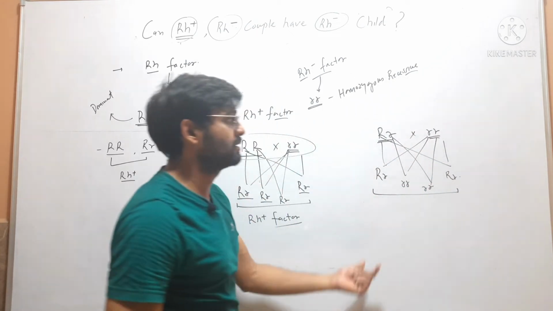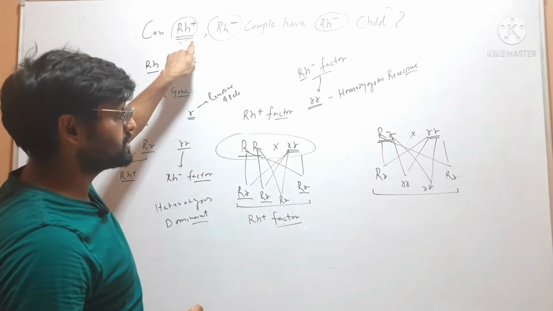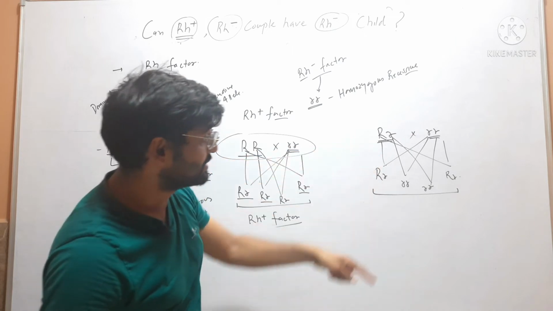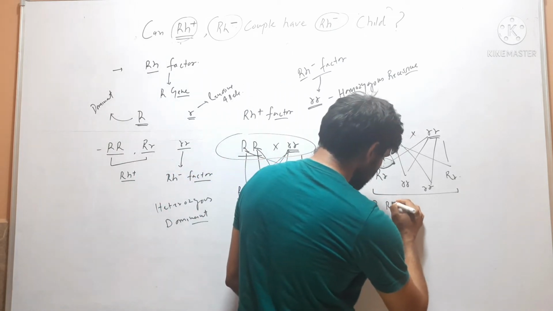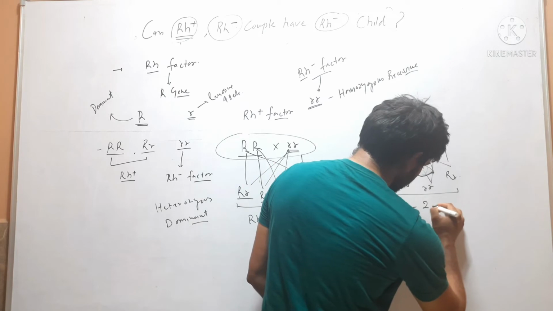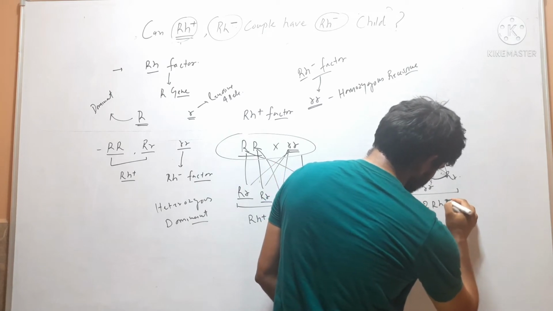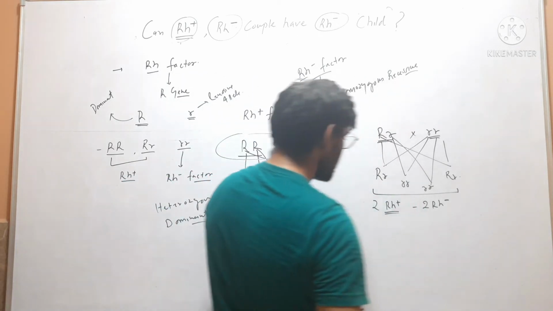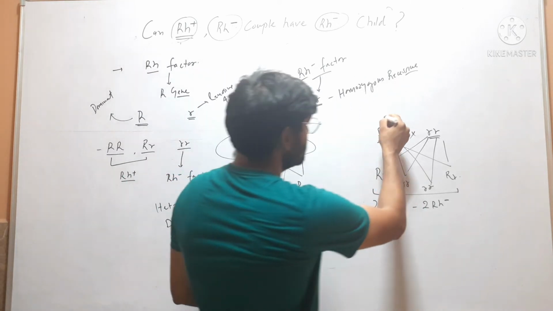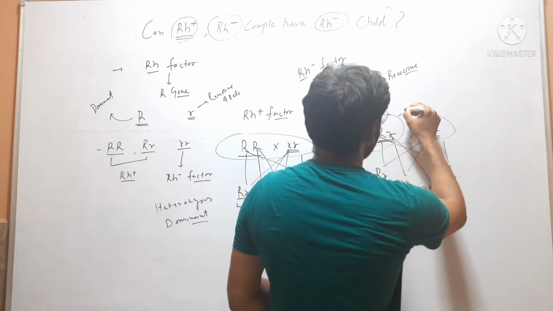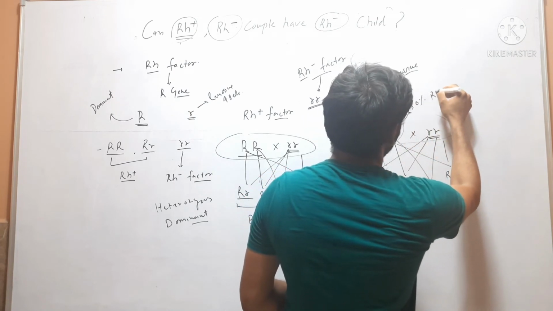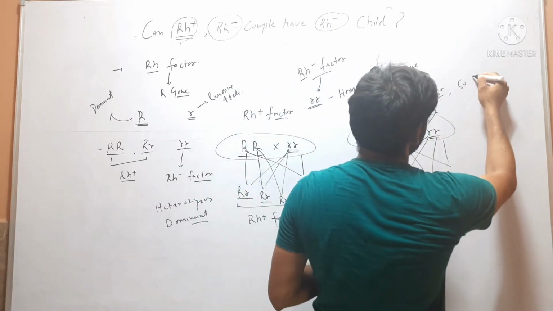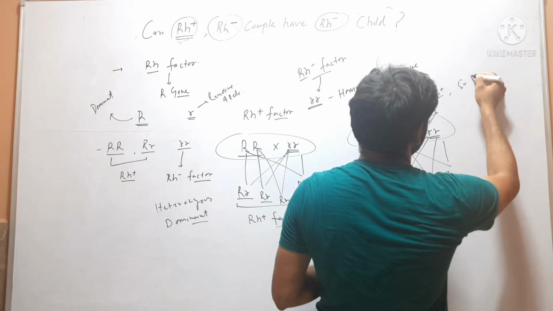In that case, if this Rh positive person has the heterozygous dominant genotype, then 2 will be Rh positive and 2 will be Rh negative. So here, if this is the genotype, then 50% will be Rh positive and 50% will be Rh negative.